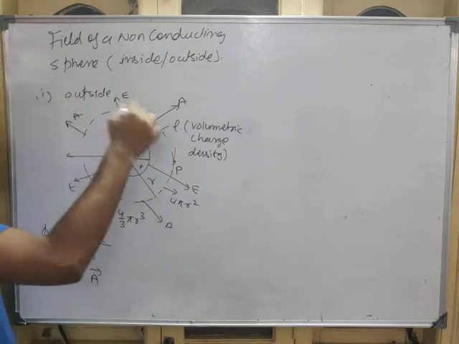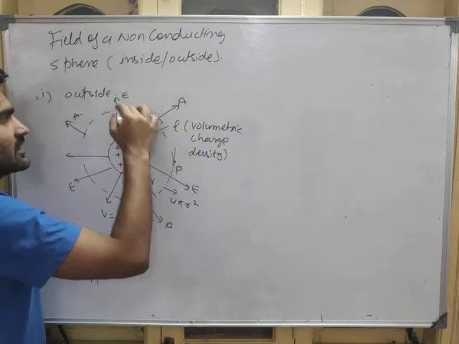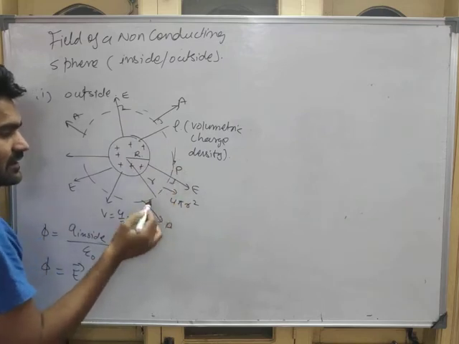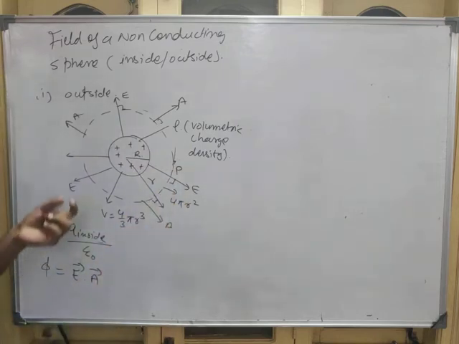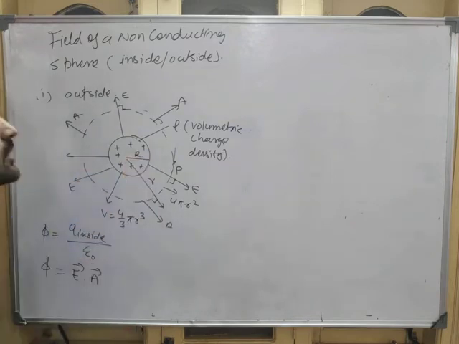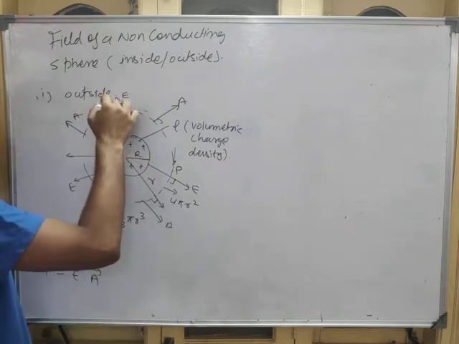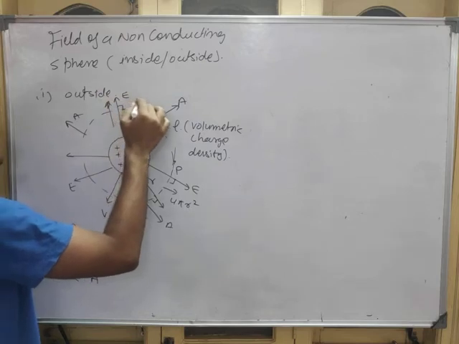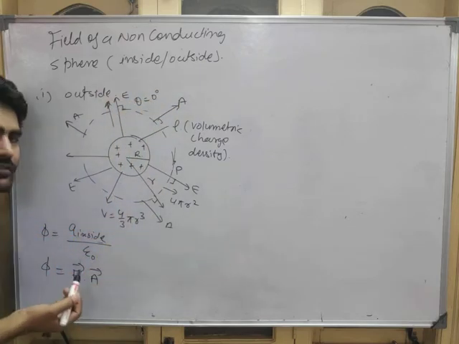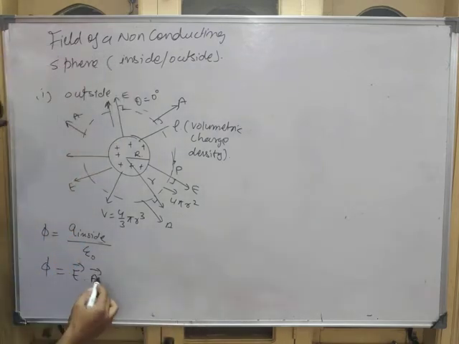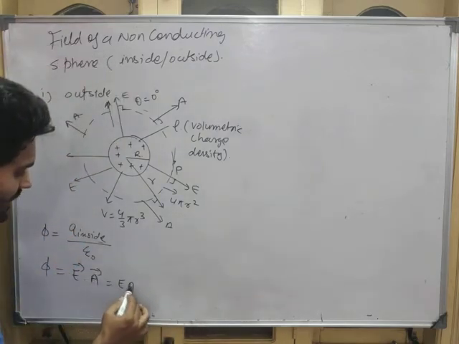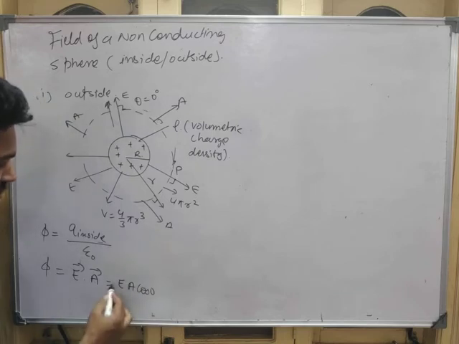Obviously, both are perpendicular to the outer surface, so the angle between them is 0 degrees, because they are in the same direction. So we can write EA cos 0 degrees, and cos 0 is 1, so it is EA.